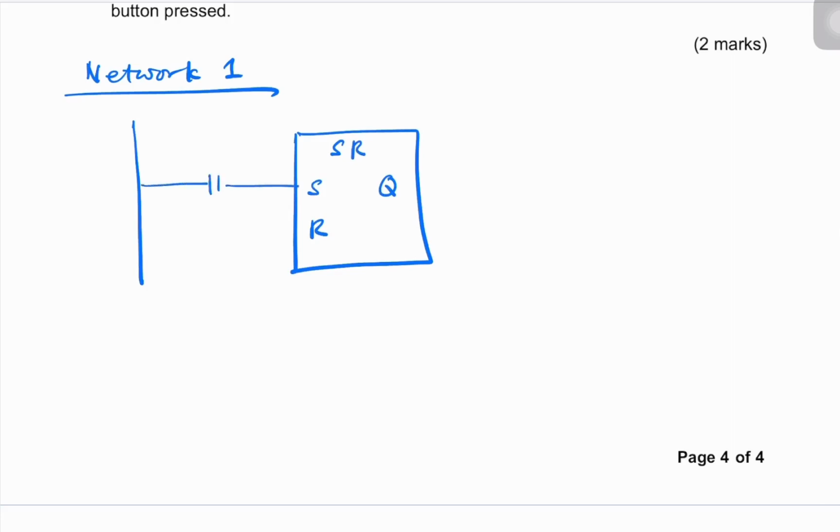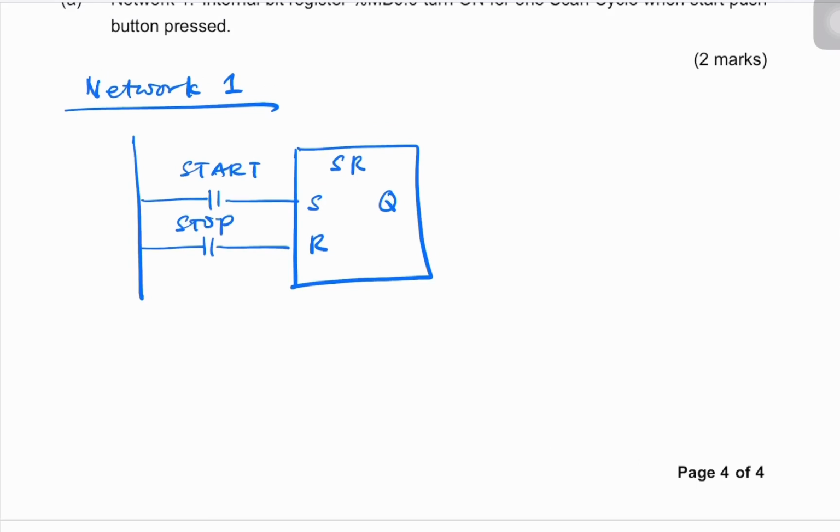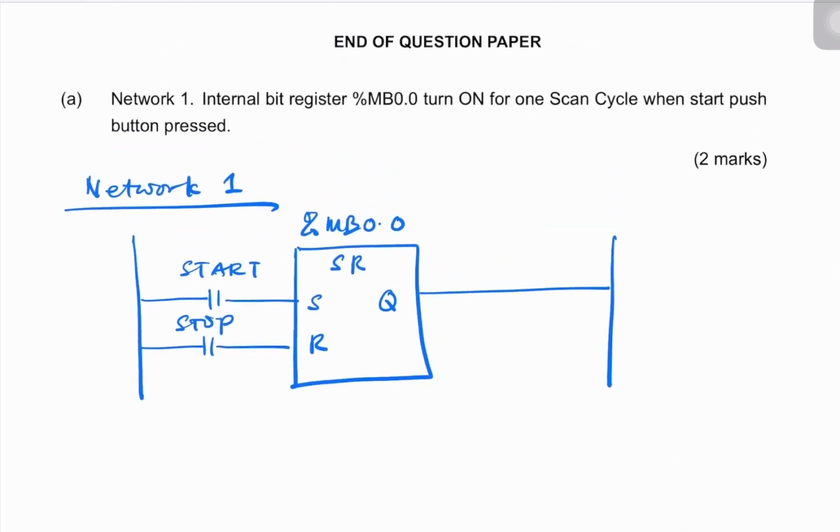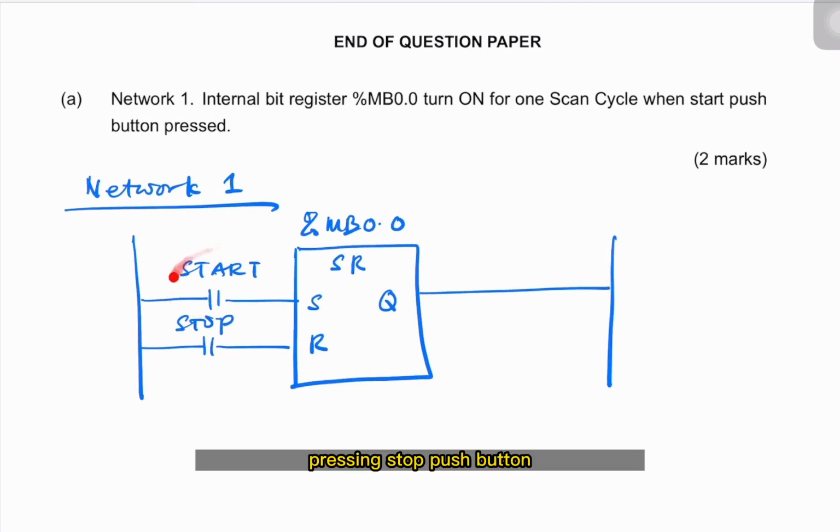So S is the start push button, and perhaps we also have a stop push button. Then here we can do it like this, and this one is MB 0.0. Okay, pressing the start push button, MB 0.0 will energize, or MB 0.0 will turn on for 1 cycle scan.